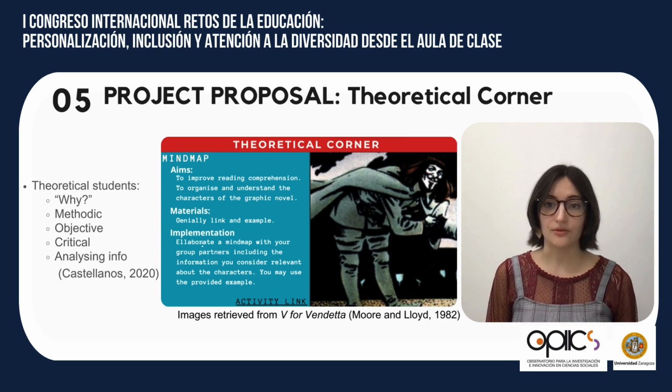Having this theoretical framework in mind, I will move on to the set of activities proposed in this poster. The first corner concerns the theoretical learning style, which is characterized by answering the question why. Theoretical students are usually methodic, objective, and critical, and enjoy analyzing and synthesizing information.